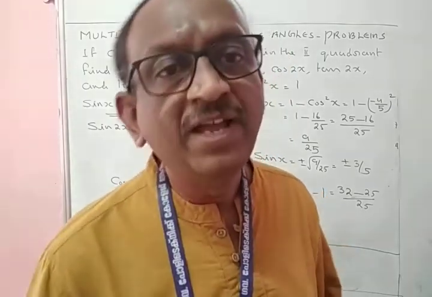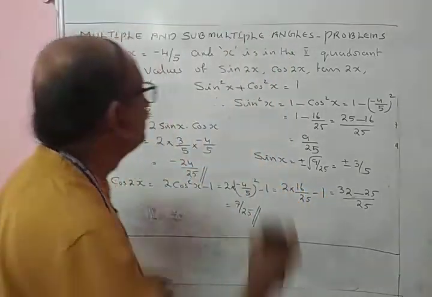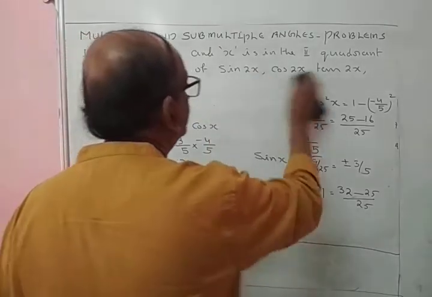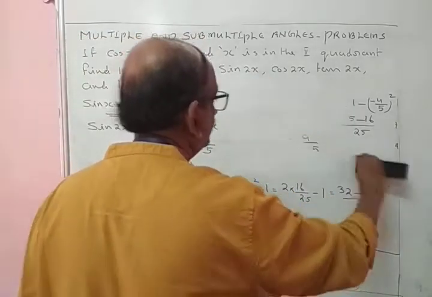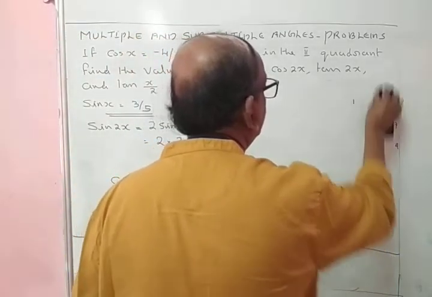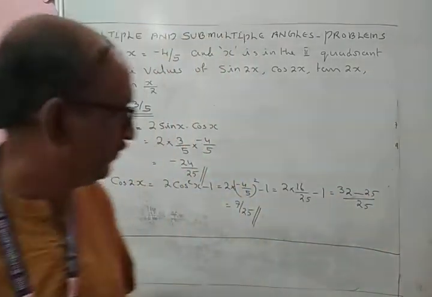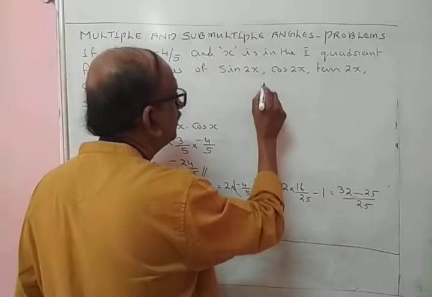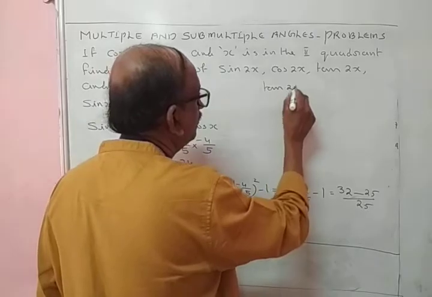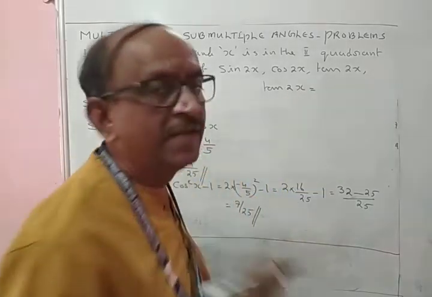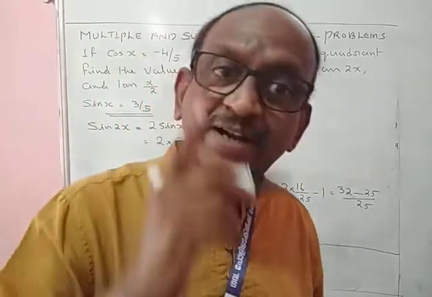Next, find the value of tan 2x. Tan 2x is sin 2x divided by cos 2x.